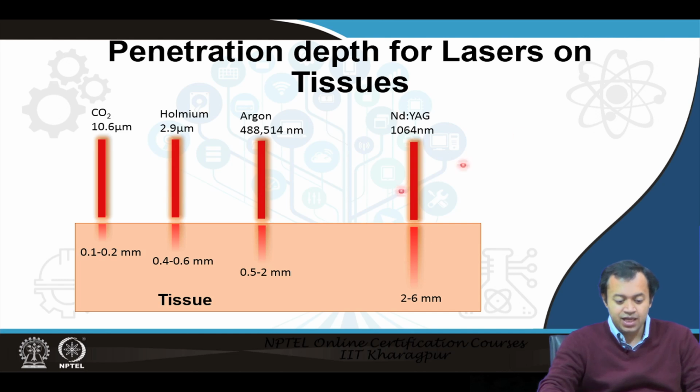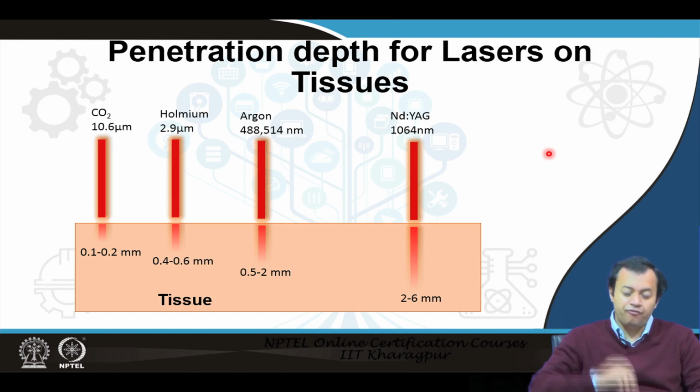So, this is a handy tool for lasers, and as an exercise, if you are interested, you can try to see different types of medical surgeries. Which laser do you think will be suitable? Try it as an exercise.